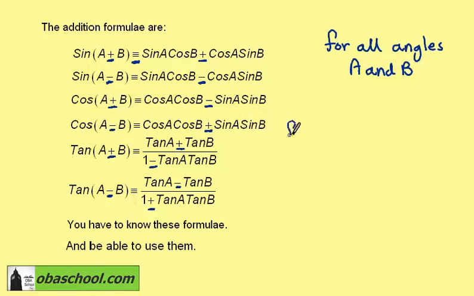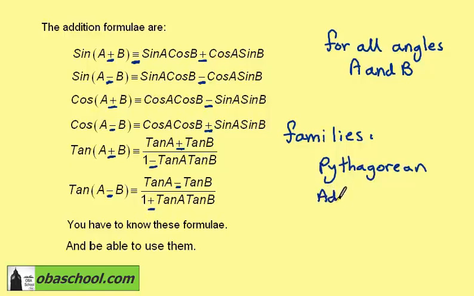The reason that this is so important is that there are several families of trigonometric identities. You've already met the Pythagorean identities, and now you have these, the addition or compound angle formulae. There are other families to follow.